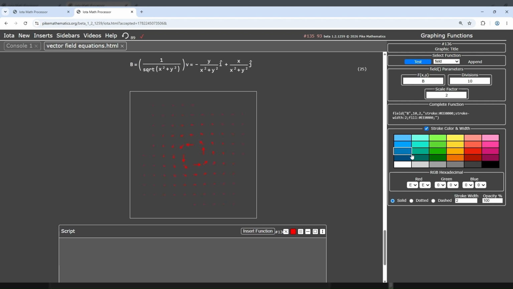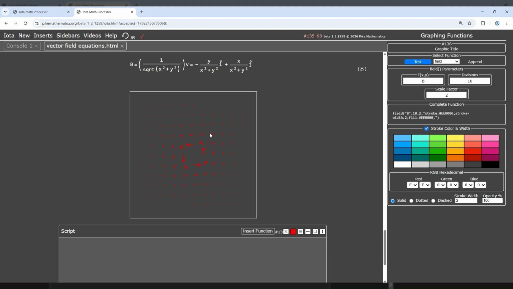There we go. So what you can see here is, imagine the wire is coming out of the page, and that's also the direction in which the current is flowing. And this kind of makes sense, the magnetic field swirls around the wire, and then as you move away from the wire, the magnetic field decreases.